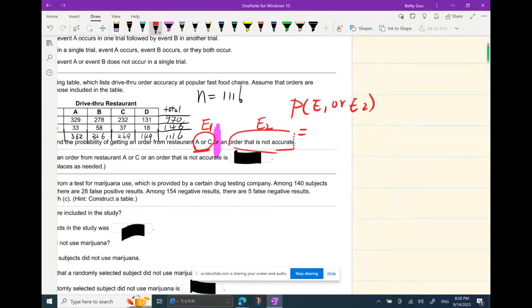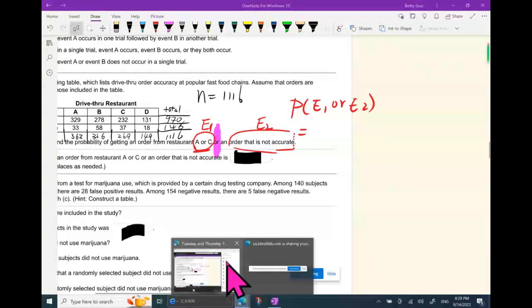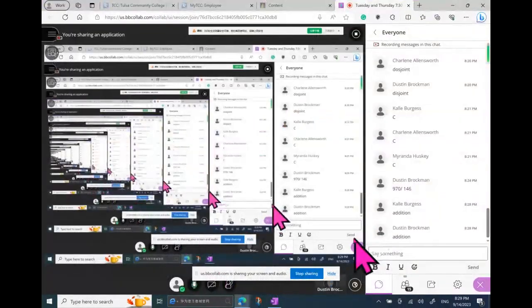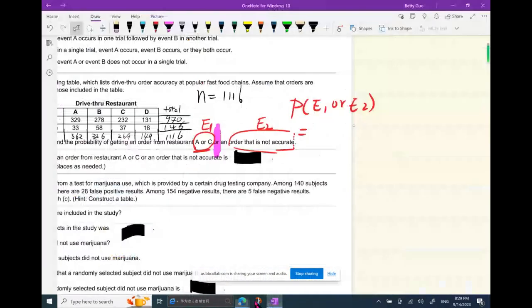So for E1 or E2, addition rule or multiplication rule? Which rule are we going to apply? Please look at my label, addition rule, awesome, to see if it makes sense.